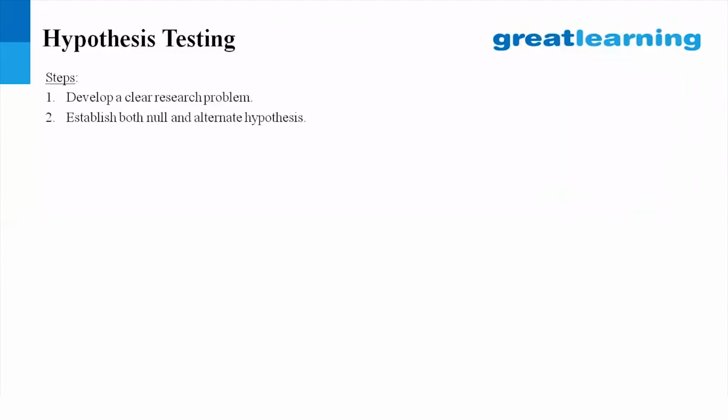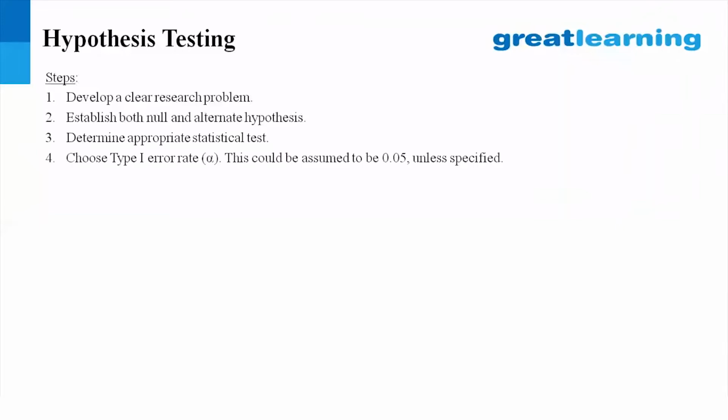Whichever you form first, form the other as the opposite. Then you need to determine what test needs to be applied, depending on what you're trying to prove or test. We'll see all the different tests in the further slides, but after that, determine the test that you want to do.